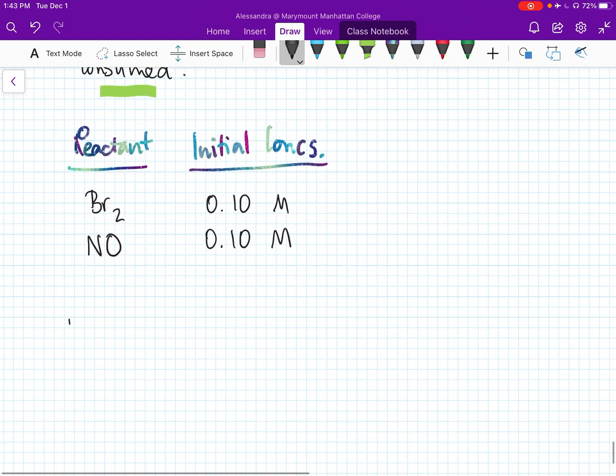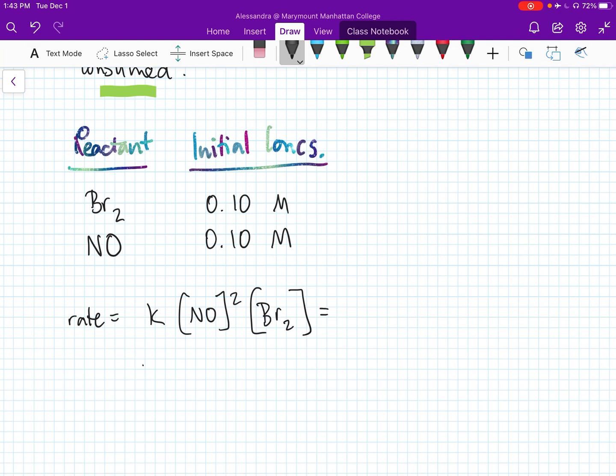The rate is equal to the rate constant K times the concentration of NO squared times the concentration of bromine. We know the rate constant is 1.2 times 10 to the 4 liter squared per mole squared seconds.